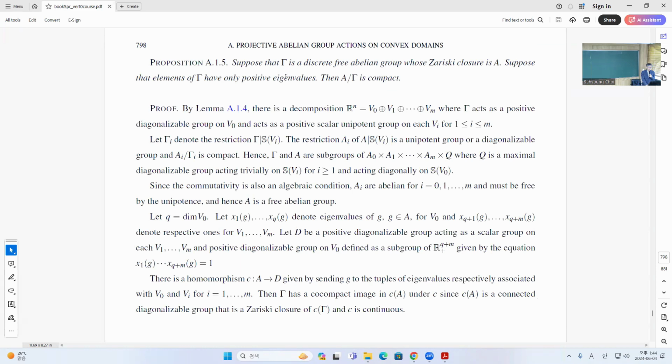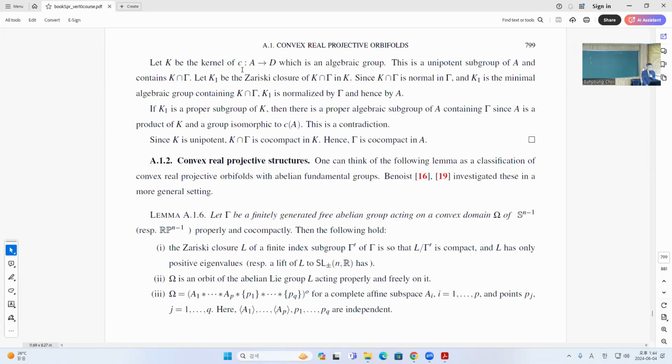So what I wanted to show was this was co-compact. So you cannot have anything mapping to a smaller group. So if this unipotent group was any smaller, you cannot do this. Okay, so that's the proof here.